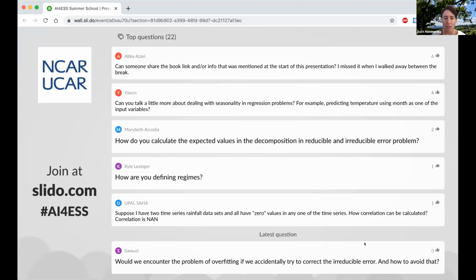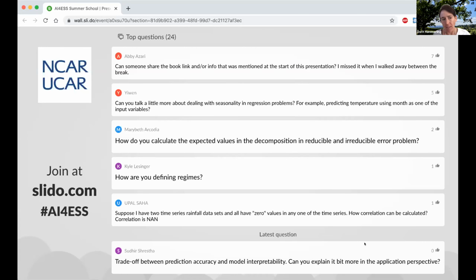How are you defining regimes? I don't remember saying that word, so I would have to guess. Kylie, if you can clarify what you meant by that, I might give a more useful answer. Usually the way we use the term regimes is that if we believe the relationship works differently under certain conditions, we might allow the functional form of the model to look different depending on which output regime we are in.